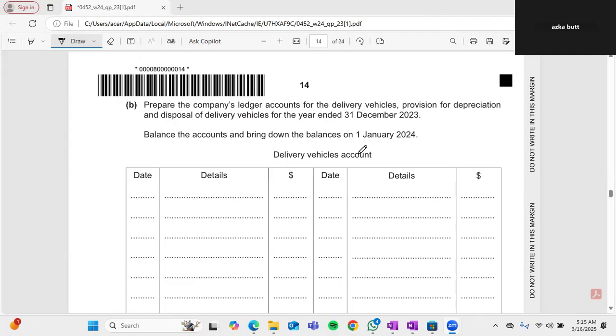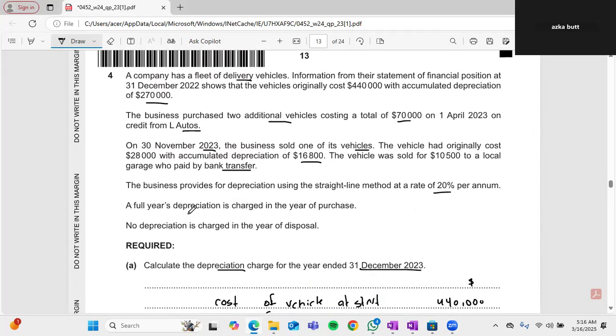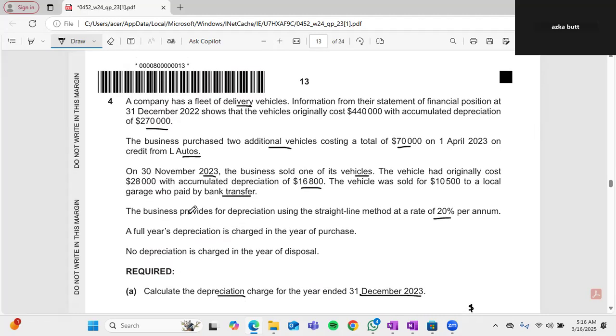We are going to make the account for 1st January 2023. We have the original cost of the vehicle at 31st December. This will shift to the opening balance on 1st January 2023, which is 440,000.